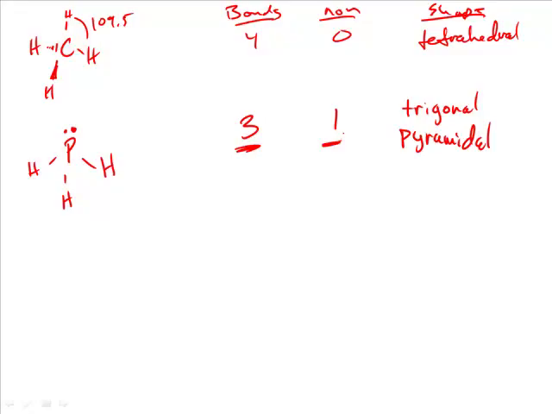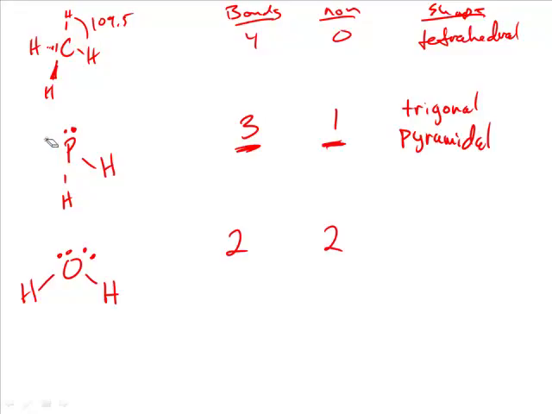Now we can take another pair off of here. So instead of having 1 non-bonding pair, we're going to take another bond and turn it into a non-bonding pair. So we're going to have 2 bonds and 2 non-bonding pairs. The most classic case of that is water. Okay, water looks just like that. And for example, we've taken this hydrogen off right here, and we basically just turned it a little bit to make that.